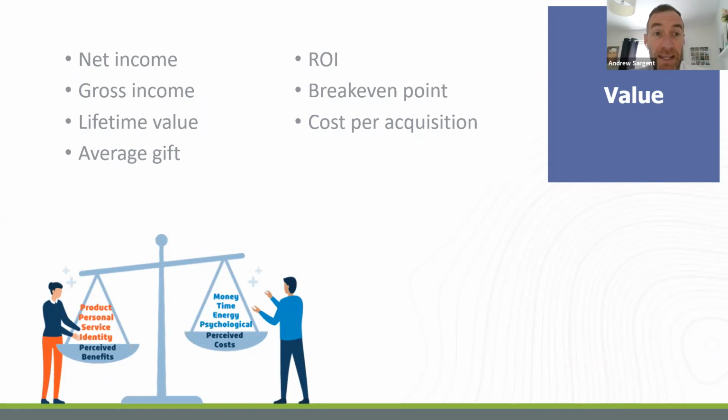The second area is value. Again, we've got something like net income, which I think is really great. Essentially, it's surely the most important thing for any fundraising team, the amount of money that is going to the cause. I think the big challenge, the big problem with that as a KPI is how do you get that cost information? That isn't often held on databases.